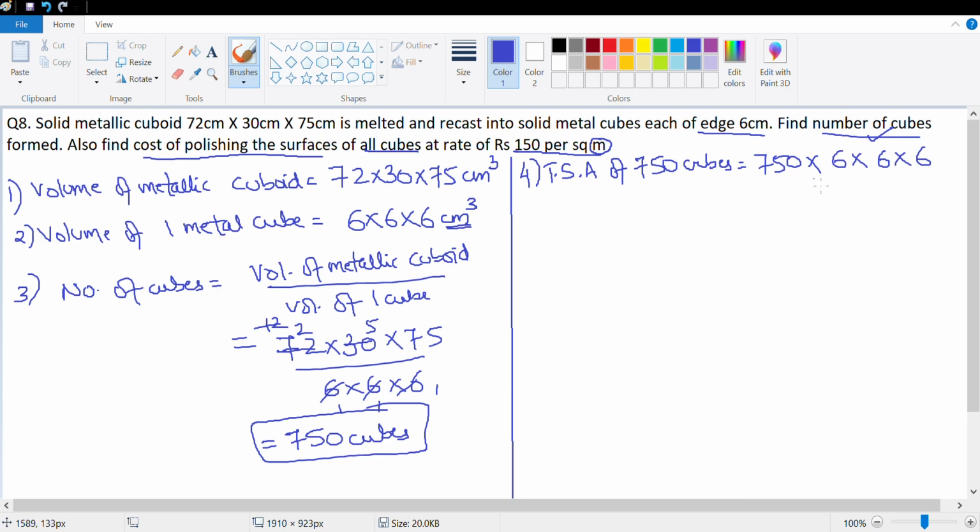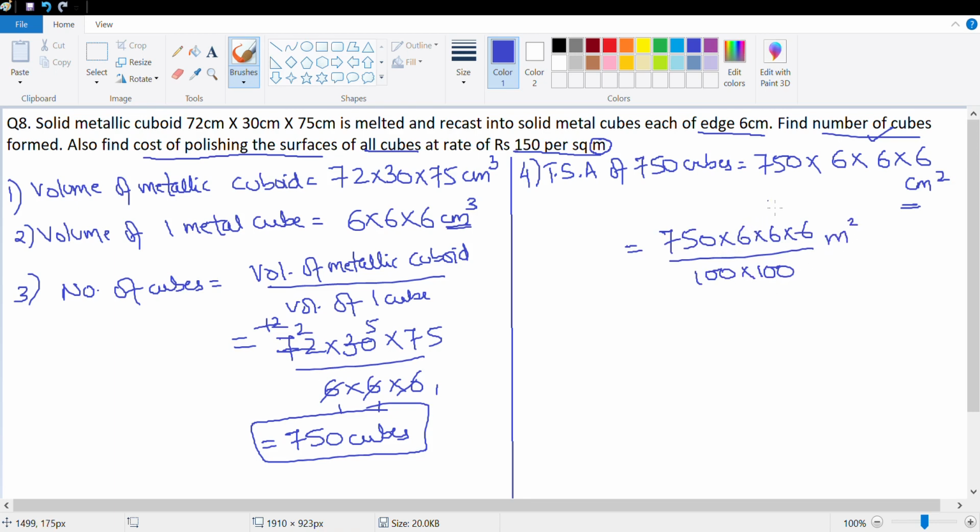Now we need to convert this into meter. This is centimeter square, my mistake. We've calculated area, not volume. So this is centimeter square, which is 750 into 6 into 6 into 6 upon 100 into 100 meter square.